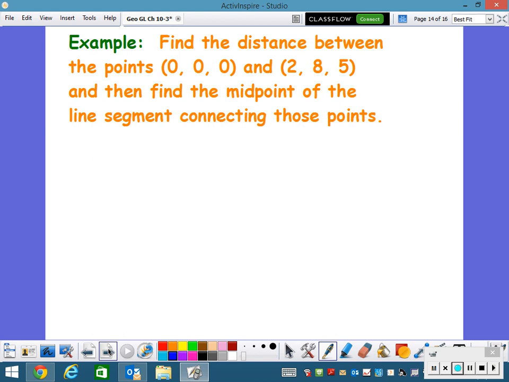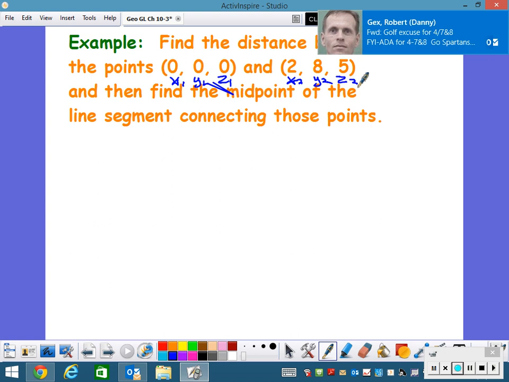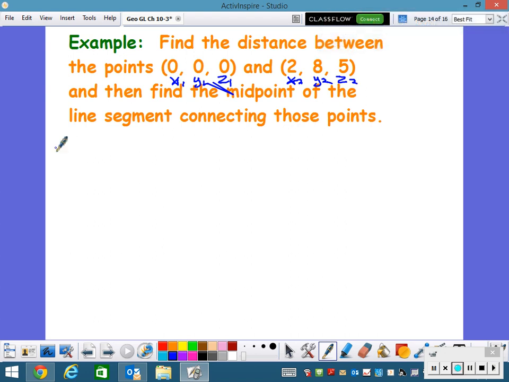So find the distance between the 2 points. Okay, so here's your 2 points. You've got x1, y1, and z1. And then you've got x2, y2, and z2. So to find the distance, to find out how far apart they are, you use your distance formula.